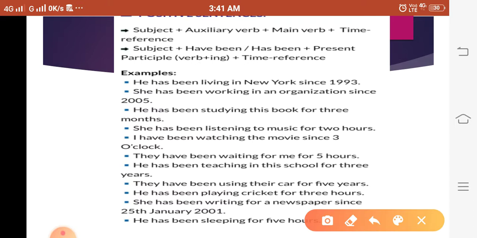He has been studying this book for 3 months. Here we have to focus that for is used, not since. Why so? Because the time period given here is 3 months. It is not the exact time, it is a time period.